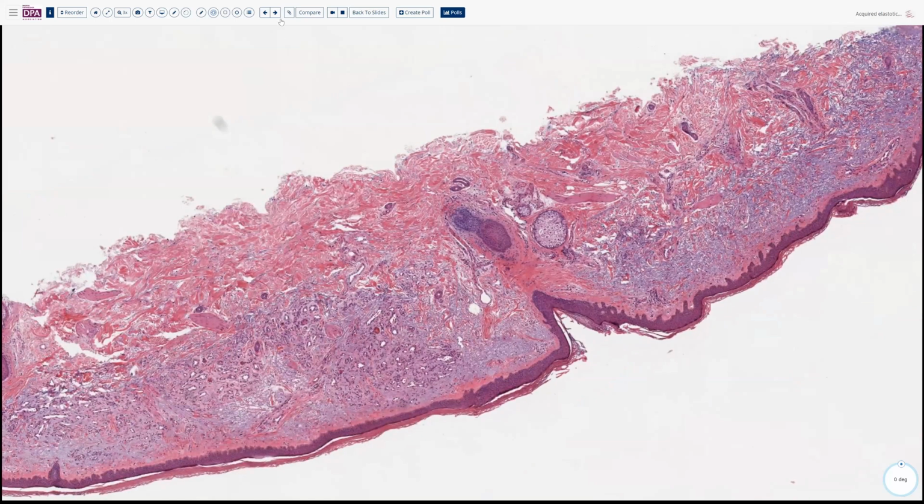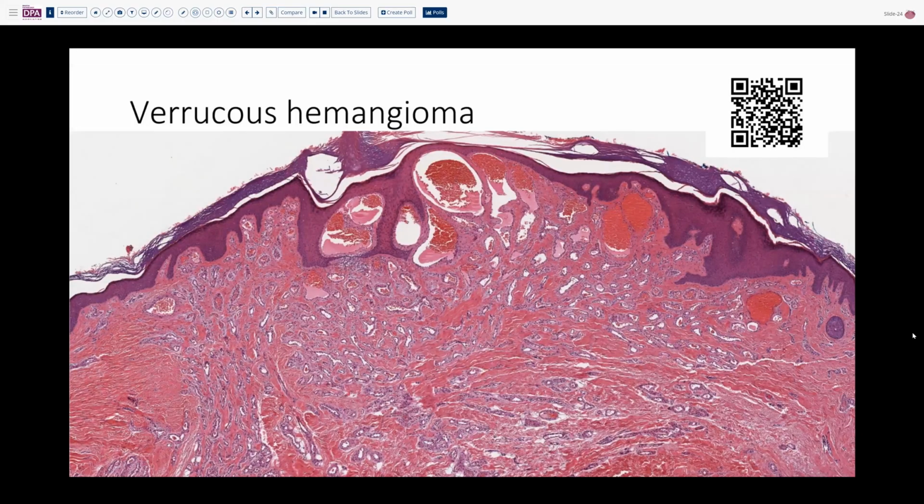So we'll go on to the next lesion, which is the verrucous hemangioma. And as you can imagine, that takes its name from the superficial verrucoid appearance of this lesion, which in some areas may resemble sort of an angiokeratoma because of these dilated superficial spaces.